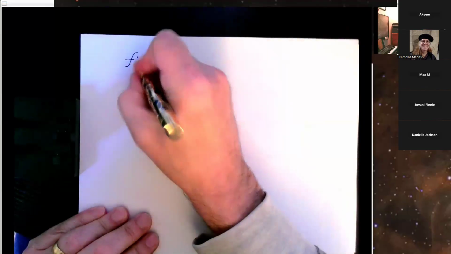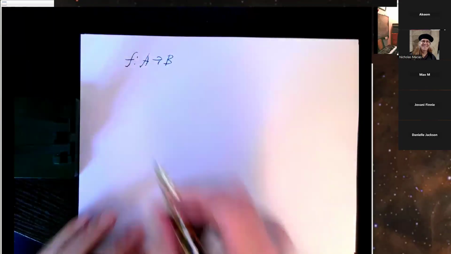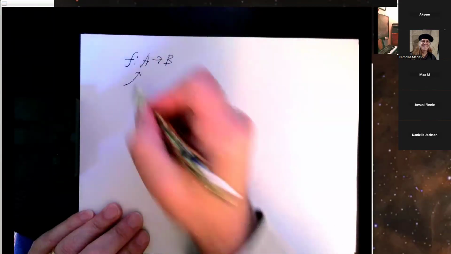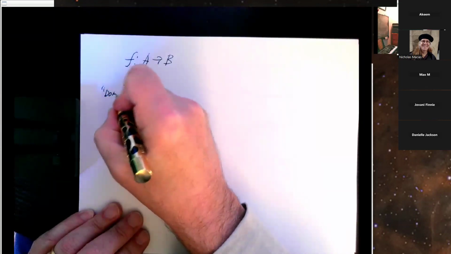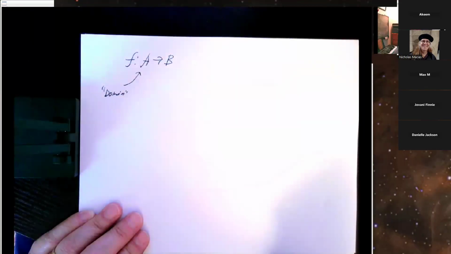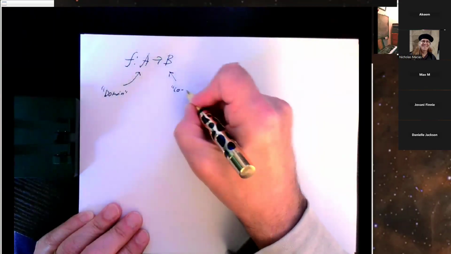All right, so suppose more generally we've got our function f. It maps from elements of A to elements of B. So we have some more terminology. A is called the domain of the function, and B is called the codomain of the function.